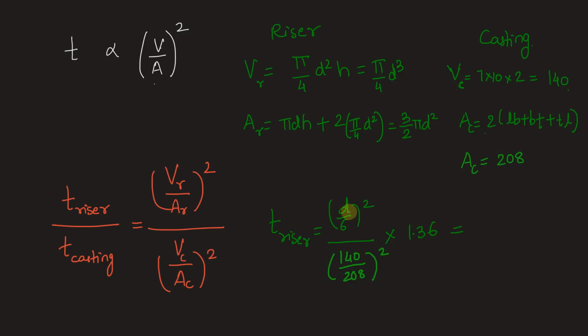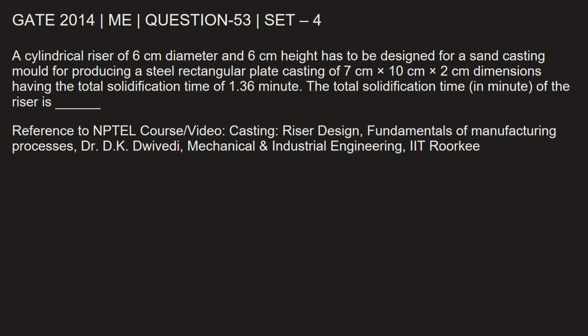So substituting D as 6 cm, we get the numerator as 1 and the denominator as 0.673 whole square. So further we have 1.36 upon 0.673 whole square. This turns out to be the solidification time of the riser as 3 minutes. Let's go back and fill in the answer. We have the total solidification time in minutes of the riser is 3.